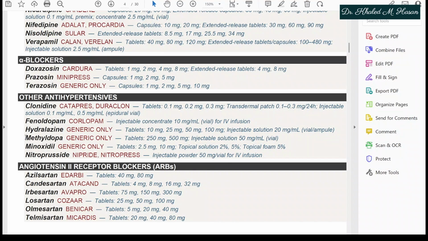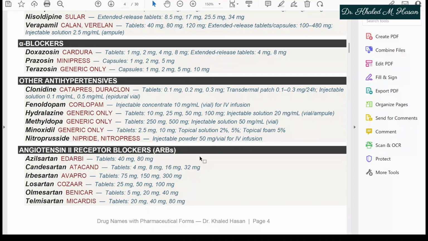Methyldopa is another important medication for pregnant women suffering from hypertension. Minoxidil is available as a generic name only, or tablet. Nitroprusside, Nipride here, is available as an injectable powder for IV infusion for emergency hypertension.